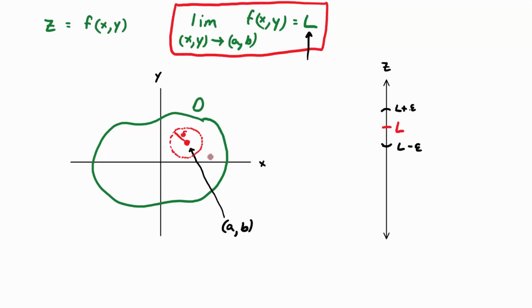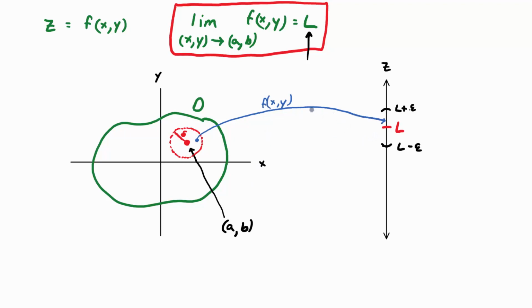And the idea is going to be that if you pick an (x, y) value in here, then f of x, y will be guaranteed to be in here. Will be guaranteed to be within epsilon units of L.